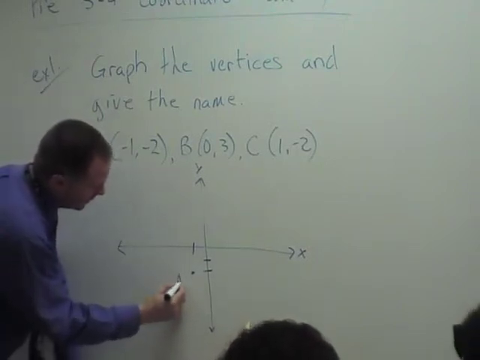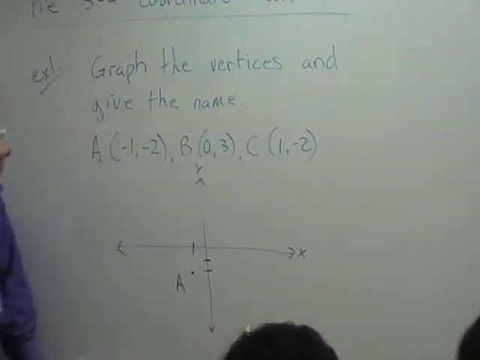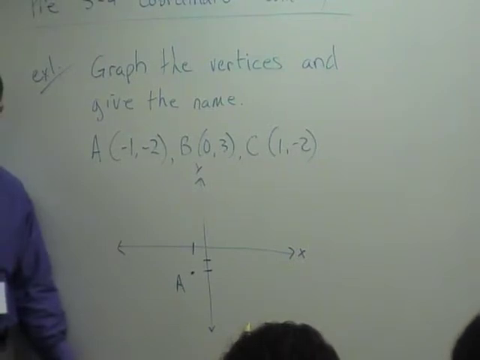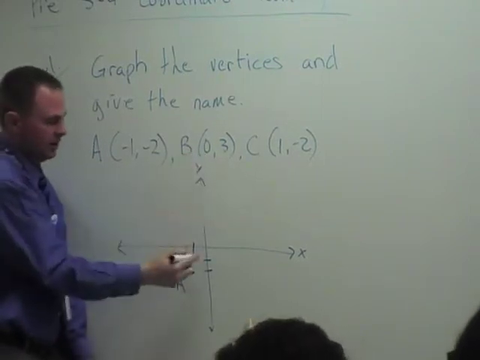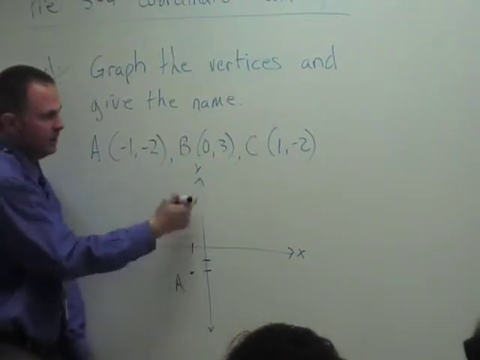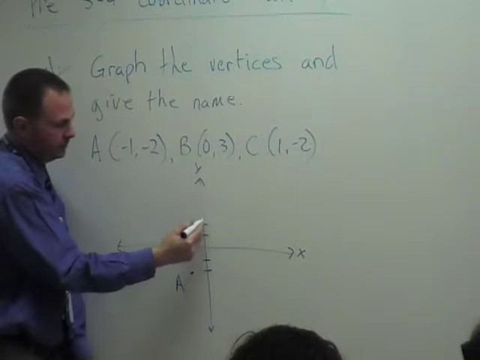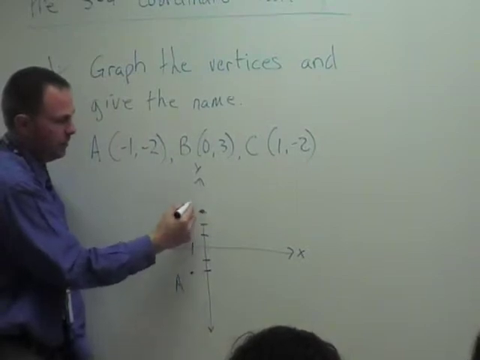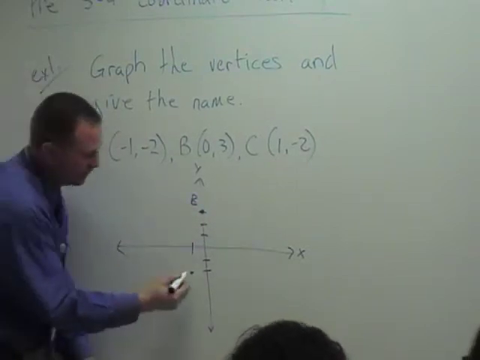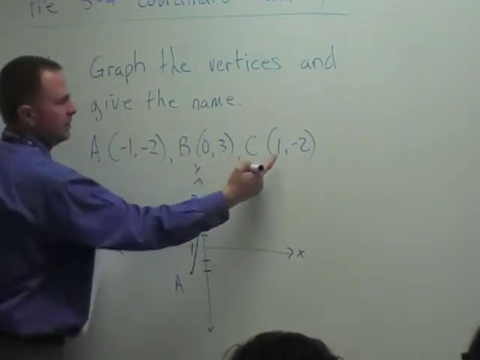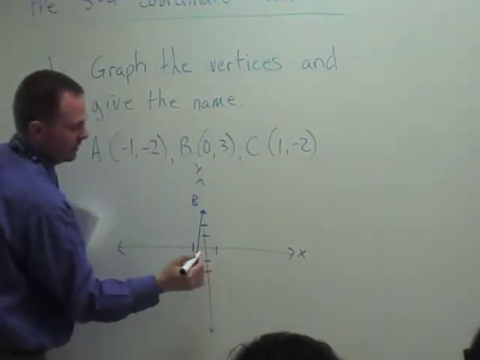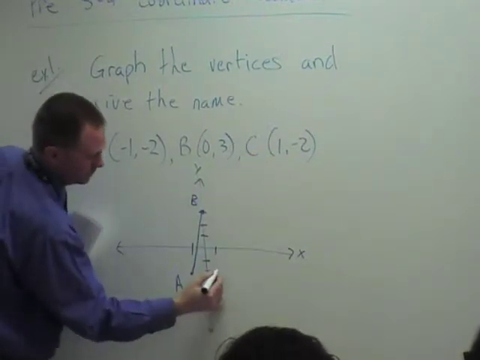That's point A. And then (0, 3). 0 is right here, but then you gotta go up 3. That's point B. Connect the dots. Good job. C is at +1 on the x-axis and down 2.